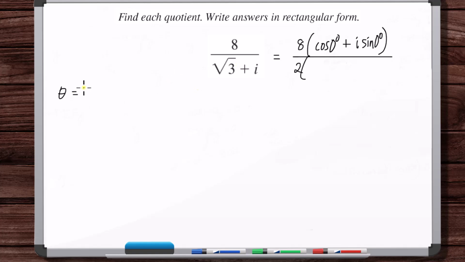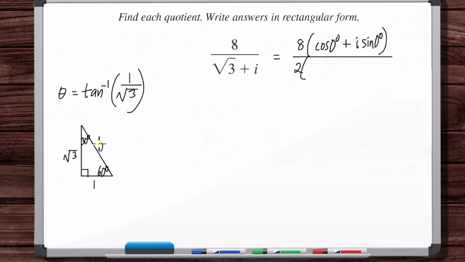So now theta is going to be arc tangent of y over x. If we think about the 30, 60, 90 triangle, we've got 1.